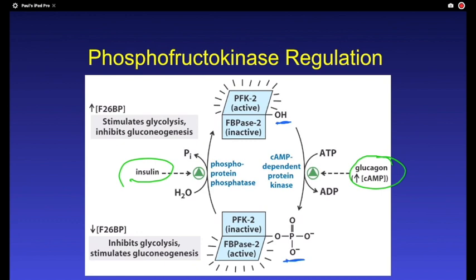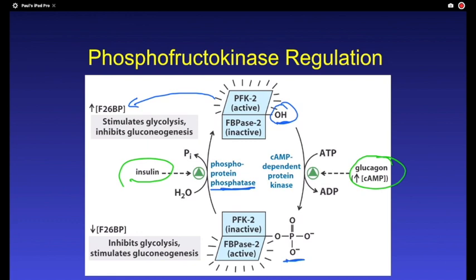How do I do that? The insulin will use a phosphatase and make it the unphosphorylated version. The unphosphorylated version creates the 2,6, which makes glycolysis go. Insulin will affect both liver and muscle. We have receptors for insulin in liver and muscle.